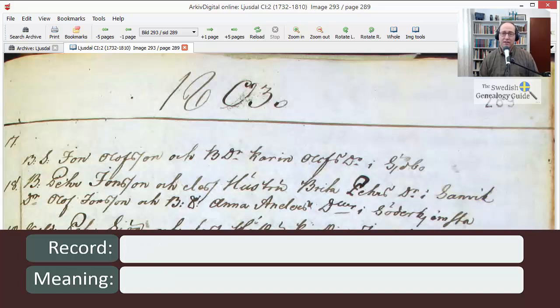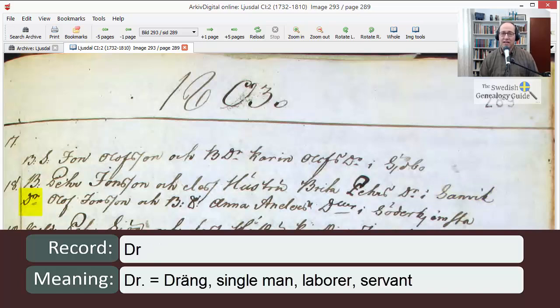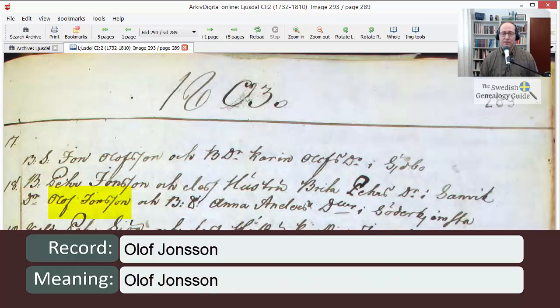Now the next abbreviation that we see is a DR, which stands for dräng. So in this case, it refers to that this man is single, but it can also mean laborer as his occupation. And his name is Olof Jonsson. Och means and.